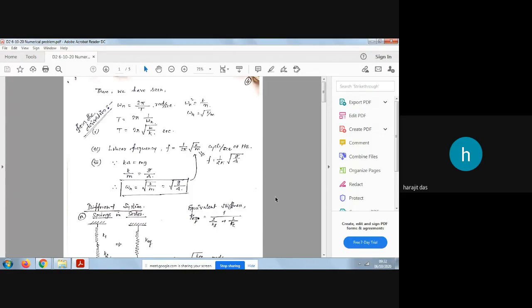When it was allowed to oscillate, some initial displacement was given. So that was x. It was in the downward direction, with respect to the mean position, so the body vibrates.